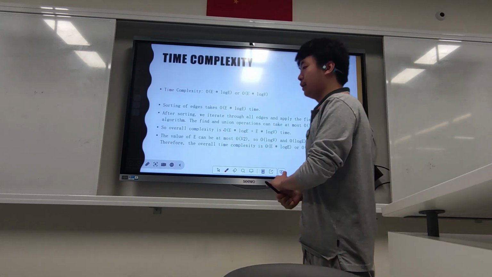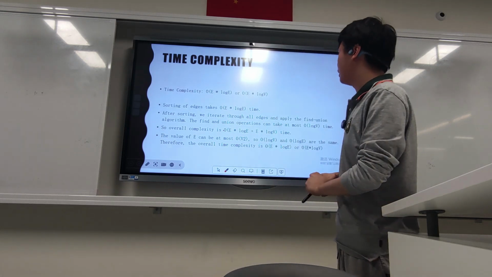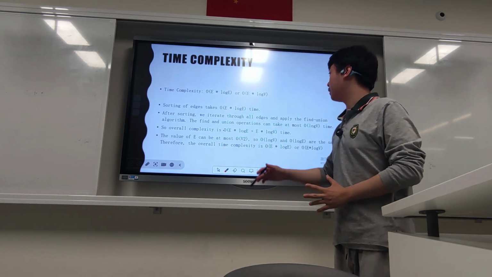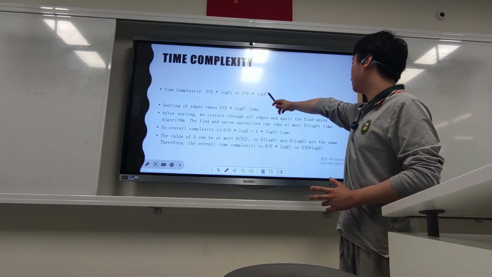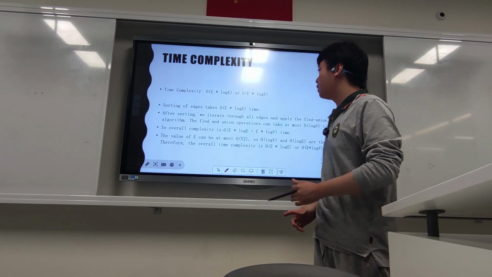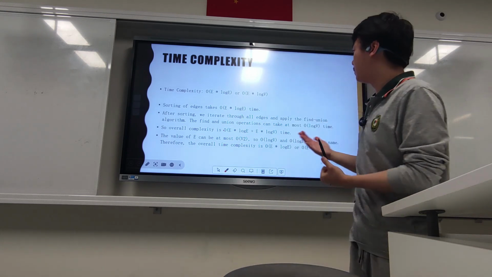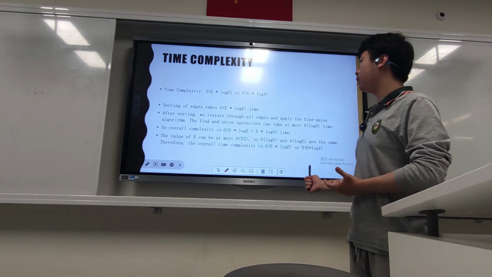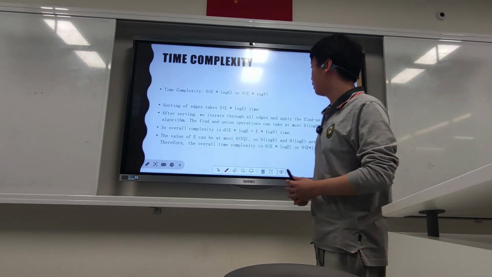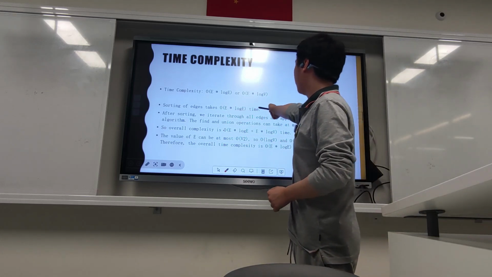So here is the time complexity analysis of this algorithm. It is O(E log E), or O(E log V). The first part of the Kruskal algorithm needs to sort all the edges, so it will take O(E log E) time.